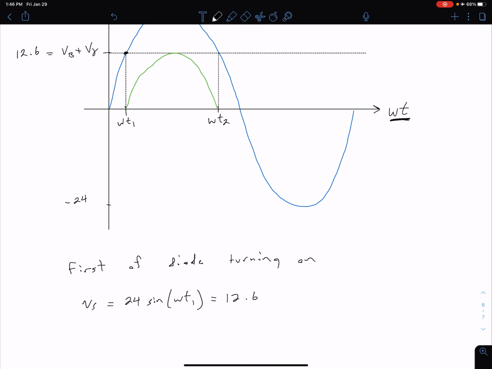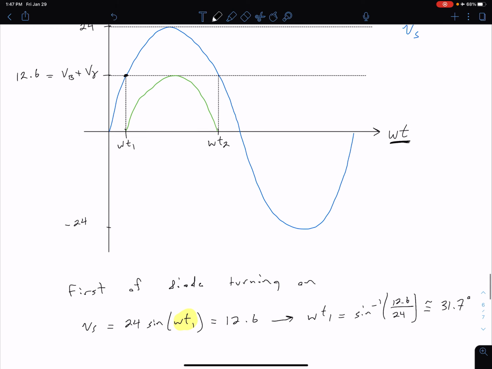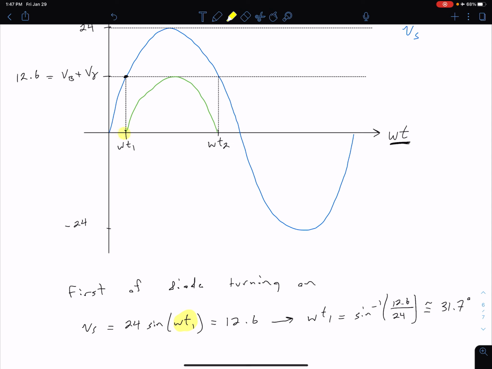Well, now what we can do is solve for this omega t1. So we can say that omega t1 is equal to the inverse sine of 12.6 divided by 24. And it turns out that that is approximately 31.7 degrees.